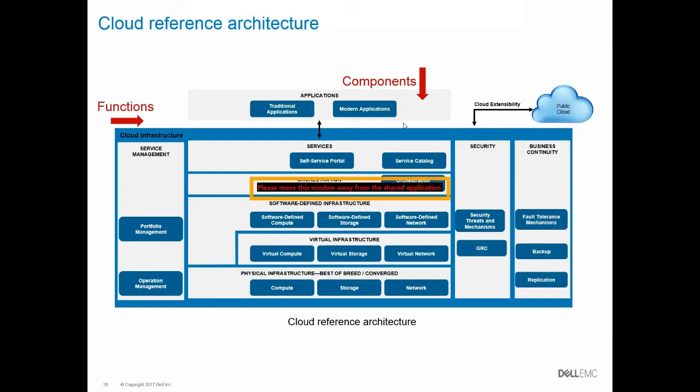The second function is security. Keep in mind that the cloud is very sensitive to security issues. If you ask any business whether they would like to move to the cloud, the first question they ask is whether the security functionality can be trusted.